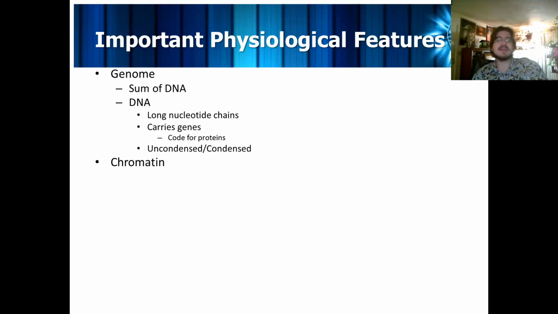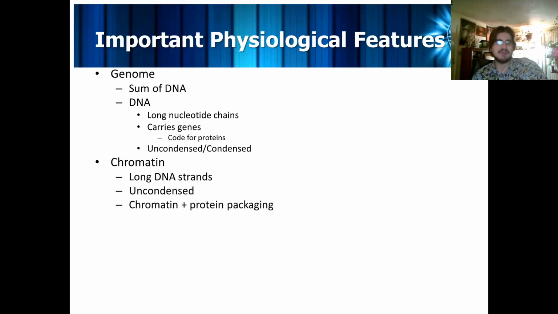Chromatin is the term for that loose, unraveled, uncondensed state. So we have long DNA strands sort of looping around in the nucleus. Looks kind of like a ball of yarn after a cat's played with it. So it's uncondensed. And it's made up of the DNA and protein packaging.